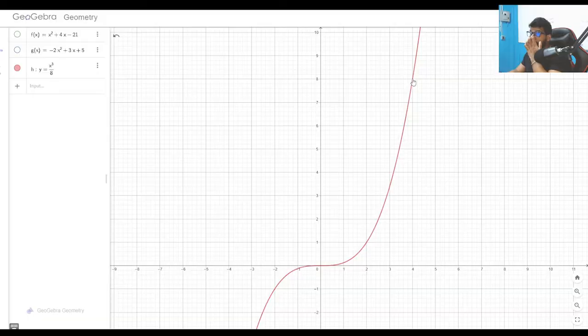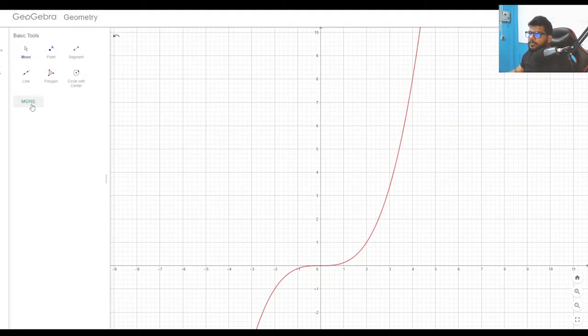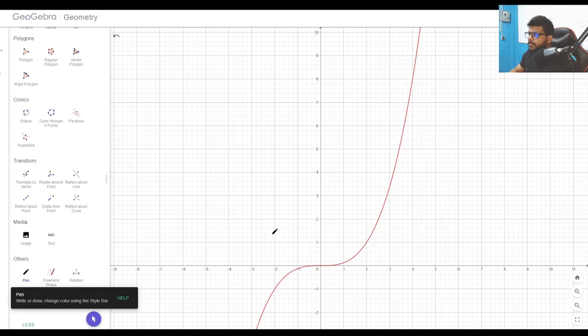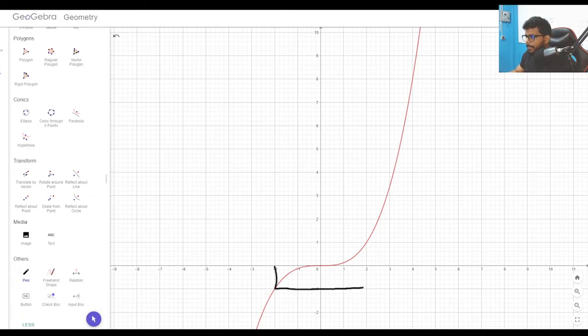Now, based on the graph, I can see that the range between -2, let me draw it, is going to be here and 4 is going to be here.